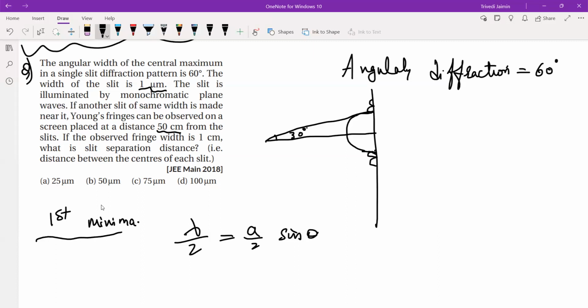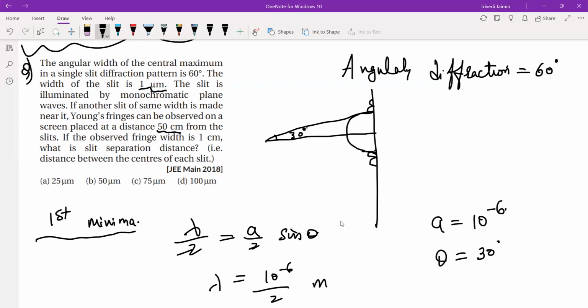What do you mean by minima? You know, right? The smallest one. Find out lambda here. So a is 10 to the power minus 6, theta is 30 degree. 2 will get cancelled. So lambda equals 10 to the power minus 6 by 2, sine 30 is 1 by 2, meters.